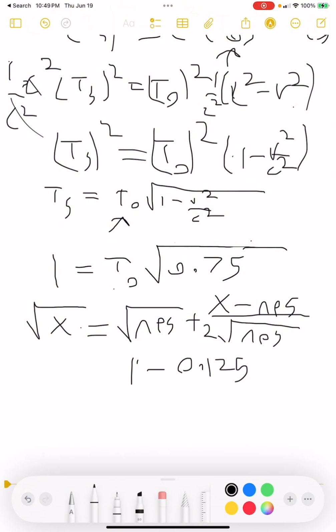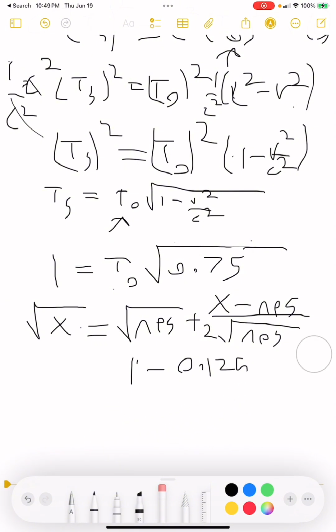So we get that it is approximately, well, this is just an 1/8 right here. So we know that it's going to be about 7/8, which is 0.875.